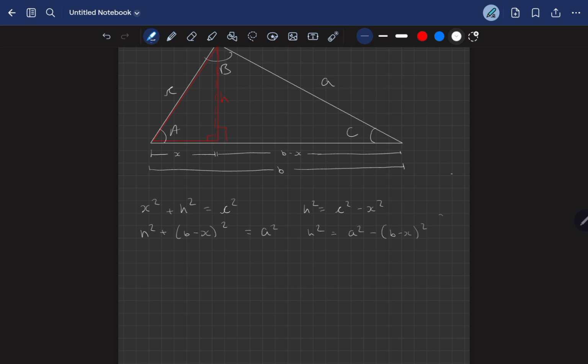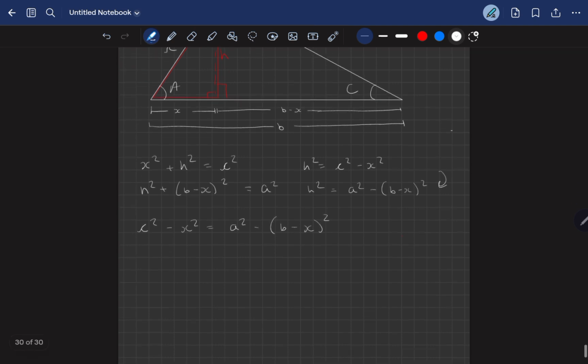Now, as I said, we equate these two together. So we have c squared minus x squared is equal to a squared minus b minus x squared. Okay, now let's rearrange this and then we'll expand out the brackets. So this is c squared minus a squared plus b minus x squared is equal to x squared.